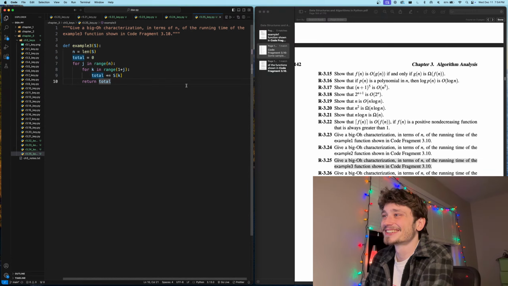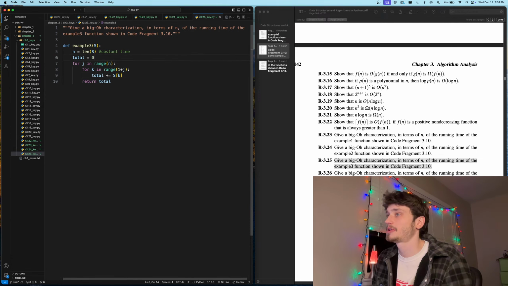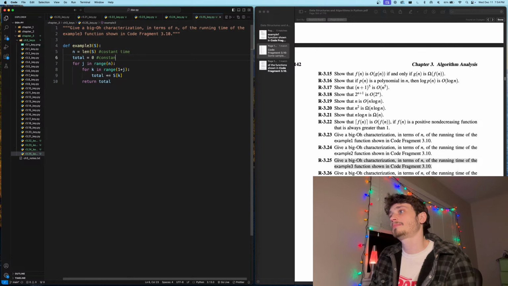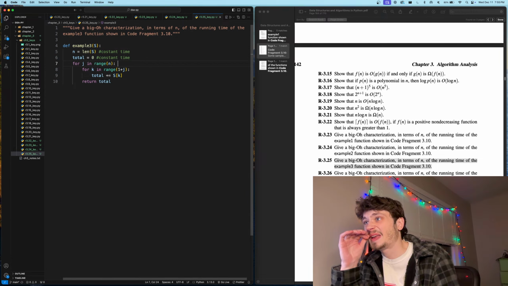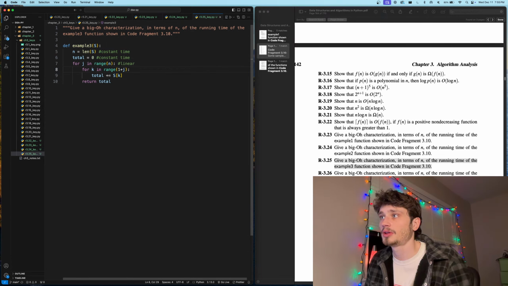That's funny. Okay, so we have this, which is going to be constant time. This is also going to be constant time. We have a for j in the range of n, so we're iterating through all n values. So this is going to be linear time. But we also have another loop that goes for j, where we increment by 1 for j every time.